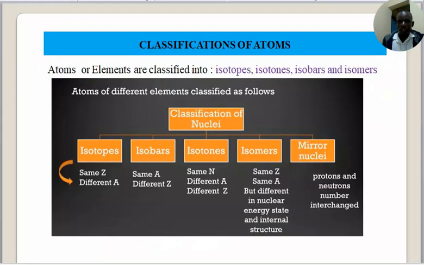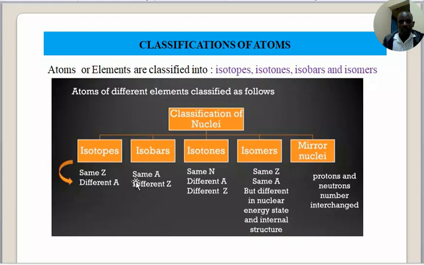So in lecture 3 we are going to look at classification of atoms. Atoms can be classified as either isotopes, isotones, isobars, or isomers. Atoms of different elements can be classified as shown here, whereby the isotopes have the same atomic number and different mass number.